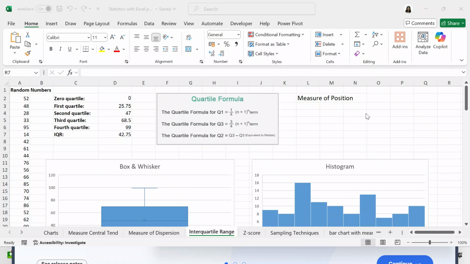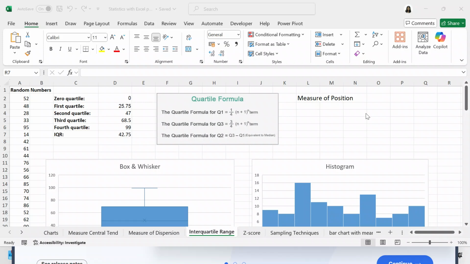A quartile differs from a percentile, whereas a quartile is a quarter of the range of 100%. So you've got the 0 quartile, which is 0, and then your first quartile, which is somewhere around 25 if the numbers are between 0 and 100.